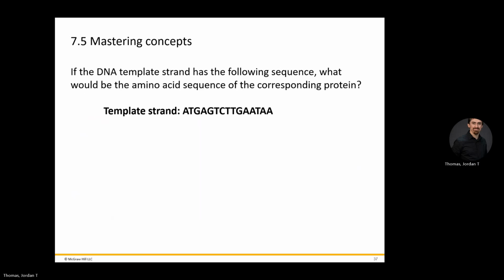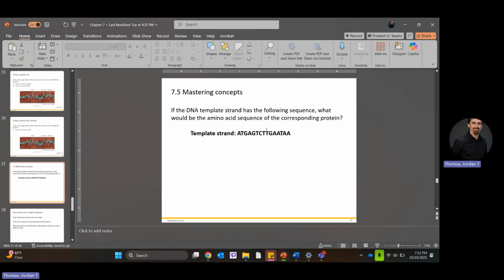So now, if the DNA strand has the following sequence, what will be the amino acid sequence of the corresponding protein? Just like I said earlier, I do want you to make sure you know how to go from DNA all the way to protein. So discard this. I want to take this strand.